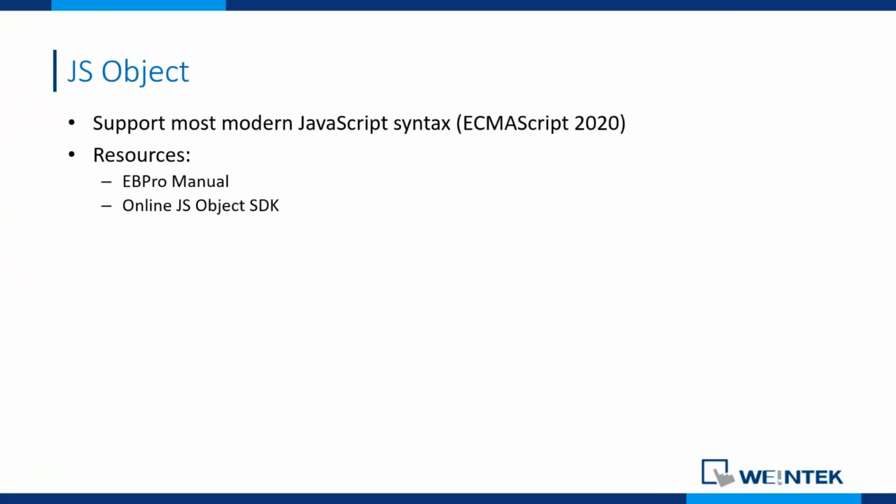Okay. And for our JavaScript object, we use the latest modern syntax, which is ECMA 2020. And for the resource I just showed you, see the SDK manuals. You can go to our website, download the manual, and go check out the online JavaScript object SDK manual.